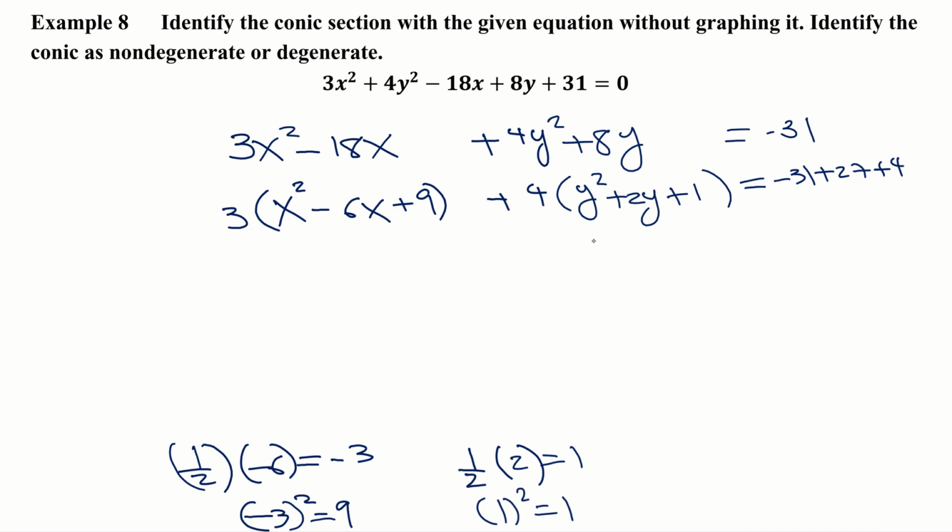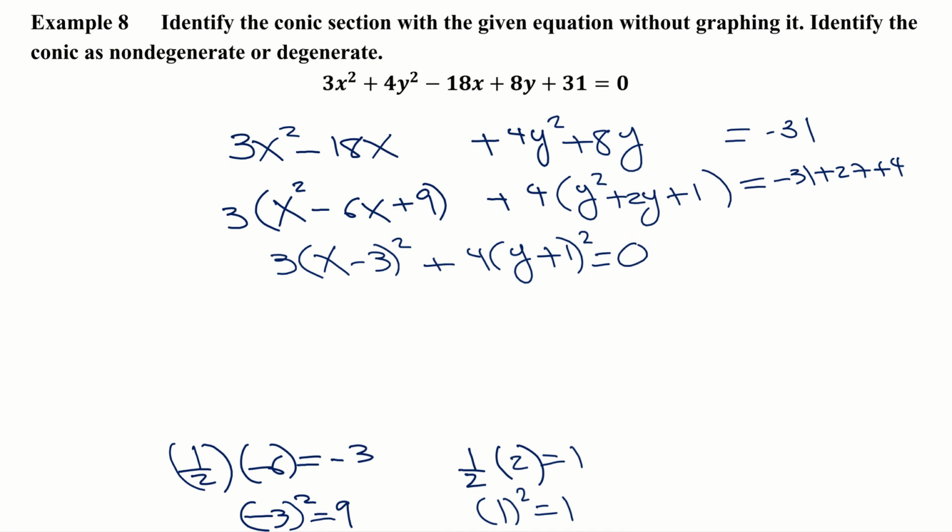So we end up with 3 times x minus 3 squared plus 4 times y plus 1 squared equals, on this side we have 31 minus 31, so that's 0.